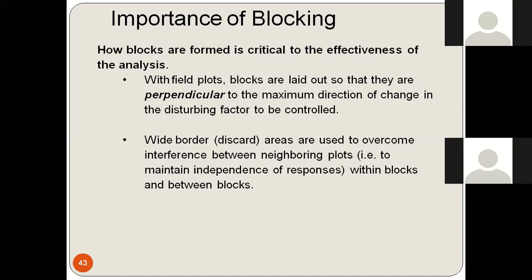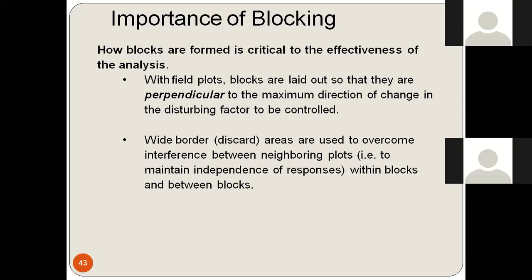The disturbing factor, or we can call it some kind of gradient, either way is okay. Once we do the blocking, we are expecting to have some kind of homogeneous conditions within the block.